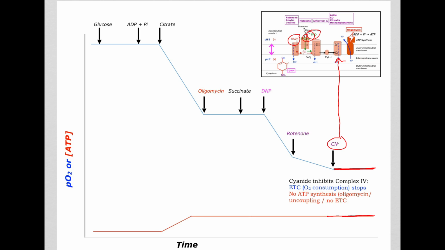ATP synthesis still does not happen, now not only because it is inhibited by oligomycin and there is an uncoupling between ETC and oxidative phosphorylation, but also because there is no electron transport happening, and without electron transport, ATP synthesis will not happen since the two are coupled.